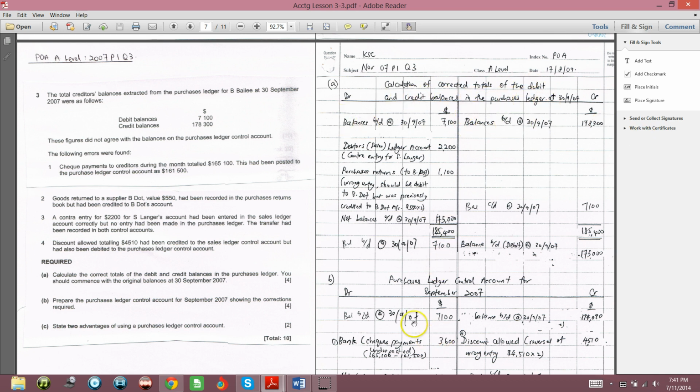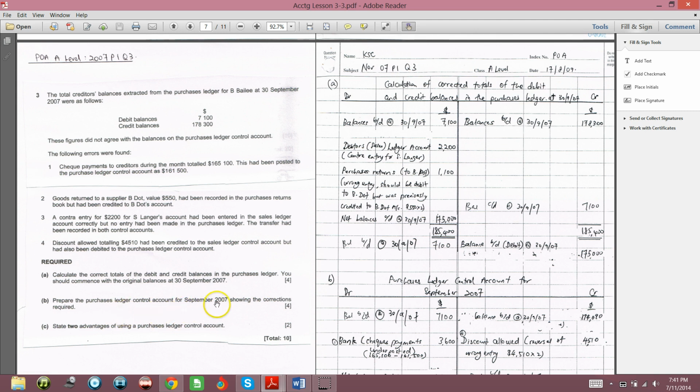Then I take another piece of paper, because I can space out, then I do the purchasers ledger control account for September 2007. I put B, draw up the structure, and space out, because I don't want to end up not having enough space. Okay, so I do up the structure first. Prepare the purchasers ledger control account showing the correction required.